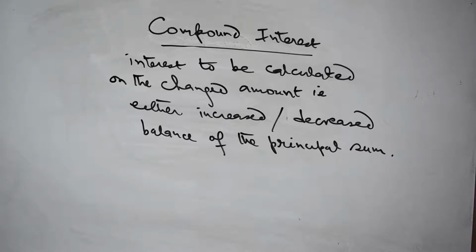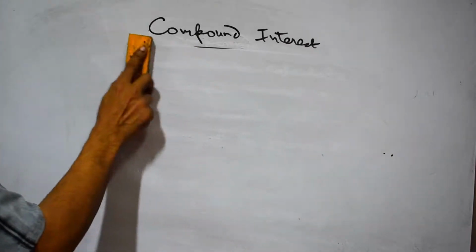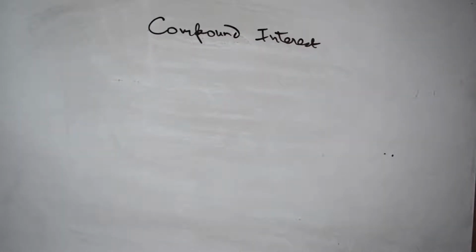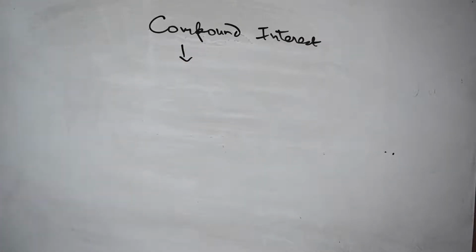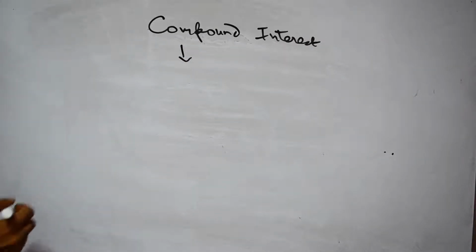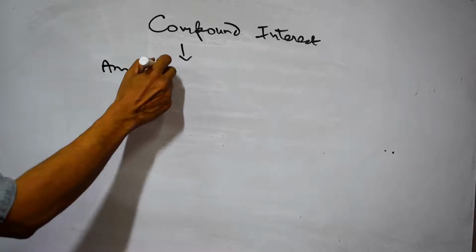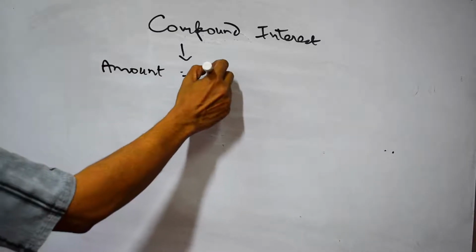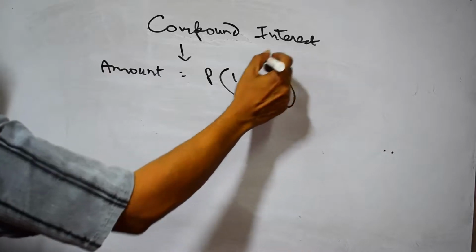So in this topic, the final value is to be calculated with the help of a formula. Annually, if I calculate, the amount will be P into (1 plus r by 100) whole to the power t.